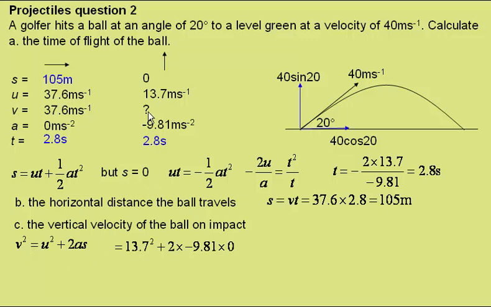But 13.7 was simply u. So that tells us that v will be equal to minus, as it's in the opposite direction, the value of u. So v is equal to minus 13.7 meters per second. We can now add that figure to our data table, which is now complete.